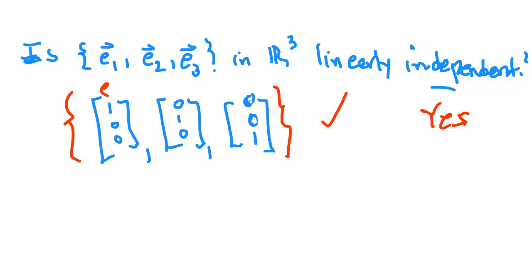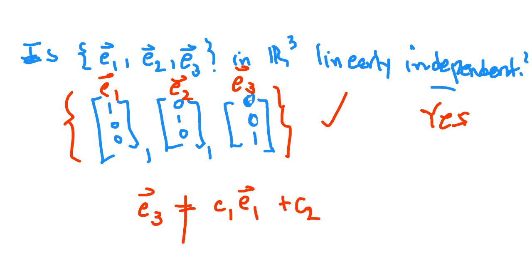The vector E3, for instance, cannot be written as any linear combination of E1 and E2. E3 is not related to E1 and E2. They are linearly independent vectors.